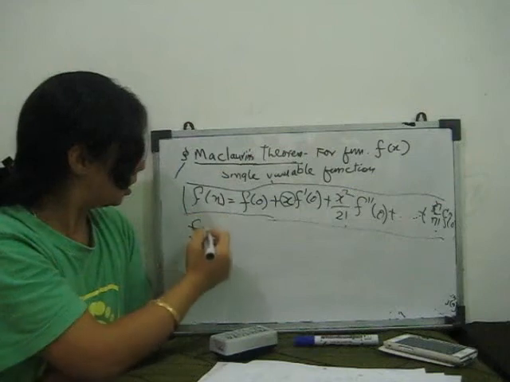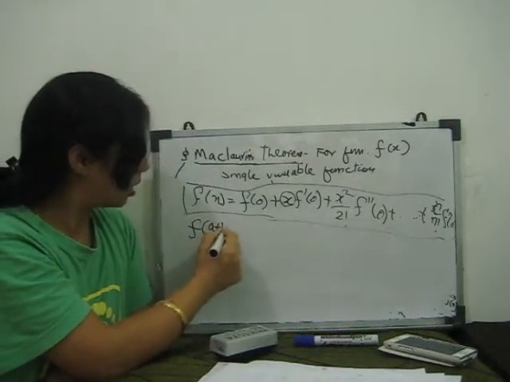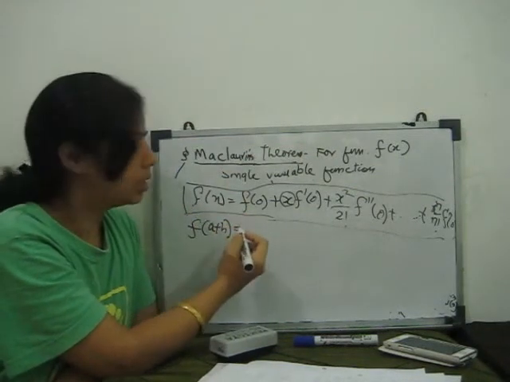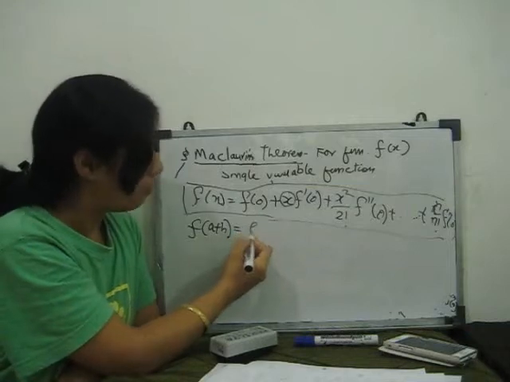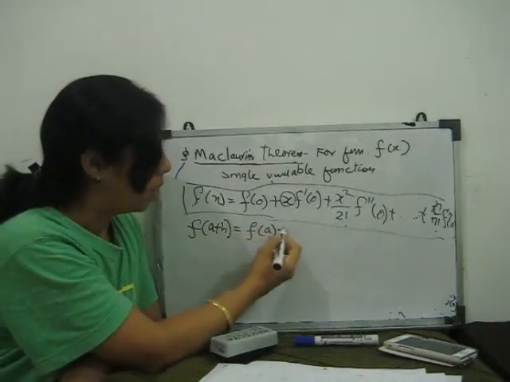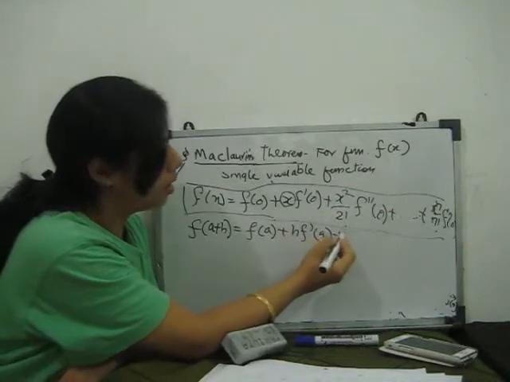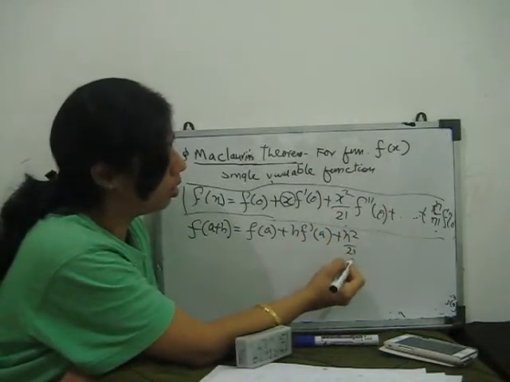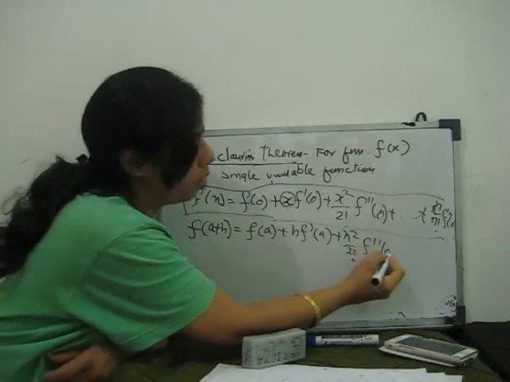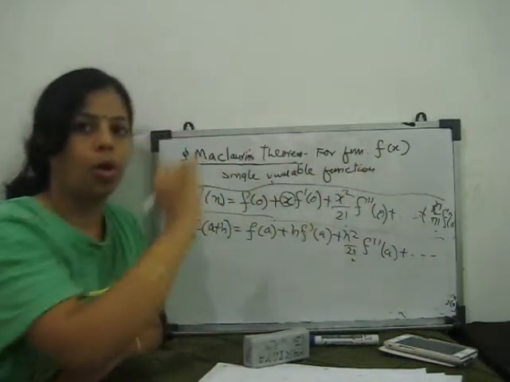In terms of a plus h, Taylor is f of a plus h equals f of a plus h f dash of a plus h square by factorial 2 f double dash of a, and so on.